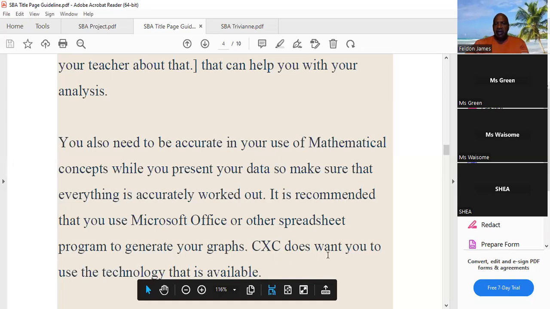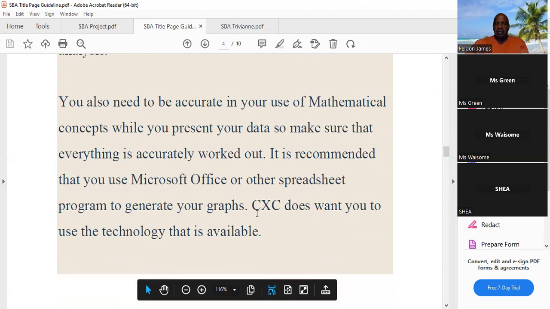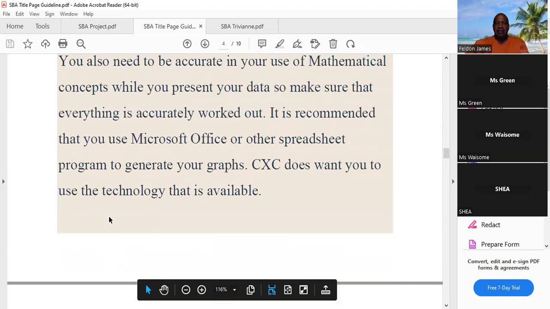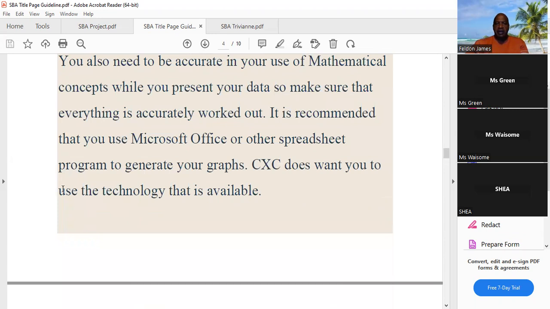CSEC does want you to use the technology that is available. All right, so after you state what method you use to collect the data, then you present your data.